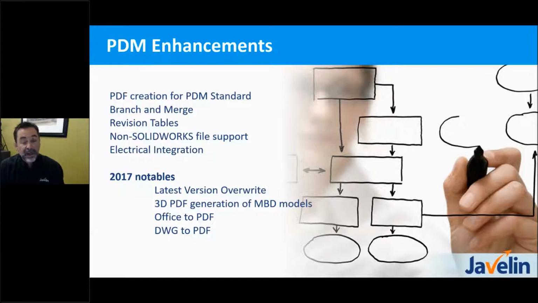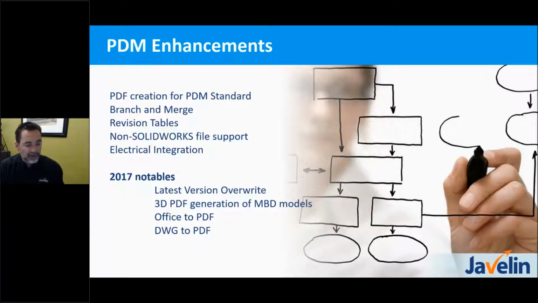And that's thanks to the 3D Interconnect functionality that came out last year. New one, which many of you probably don't know about, is the electrical integration. So with SOLIDWORKS Electrical, there's always been a bit of a limitation as to how we can manage the electrical portion of our projects inside PDM. That now is available in SOLIDWORKS 2018.